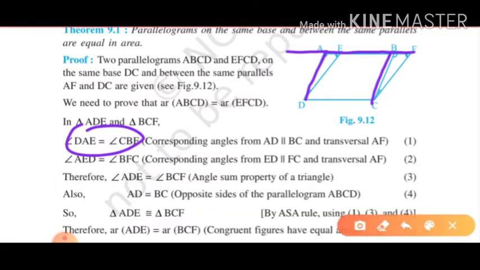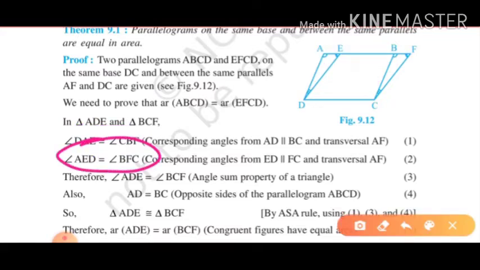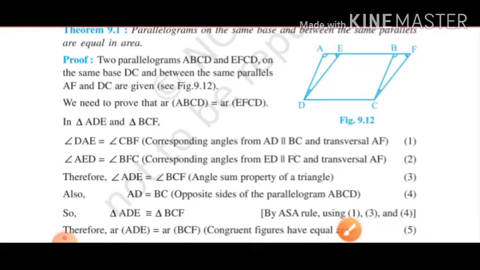So these two angles are equal because they are corresponding angles. Same way, angle AED and angle BFC: for this line and this line, with this base being the transversal, angle AED is equal to angle BFC, again corresponding angles between two parallel lines.